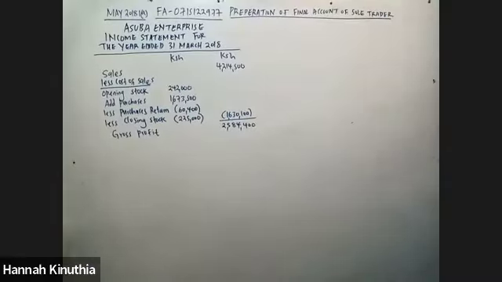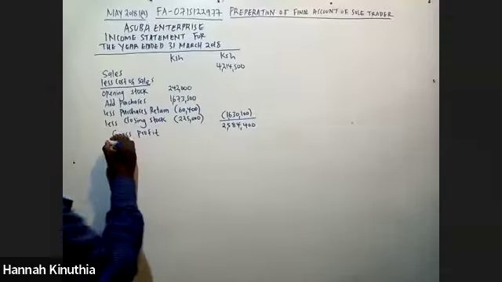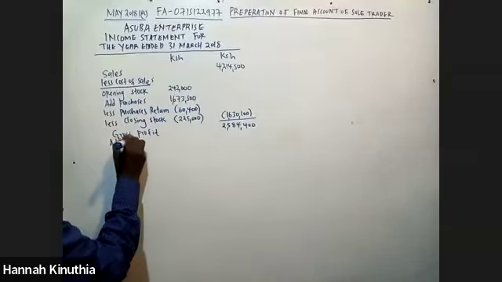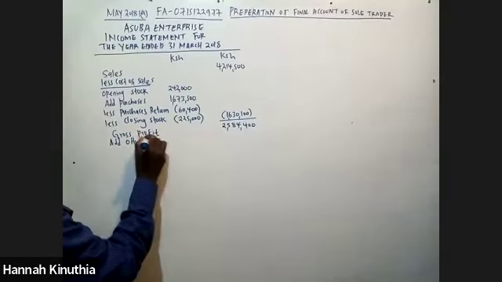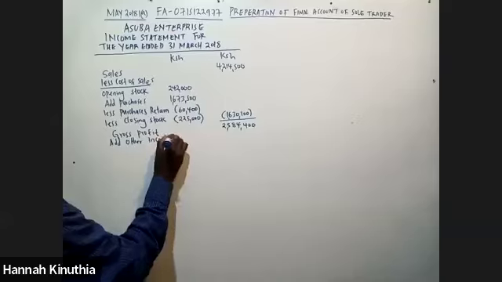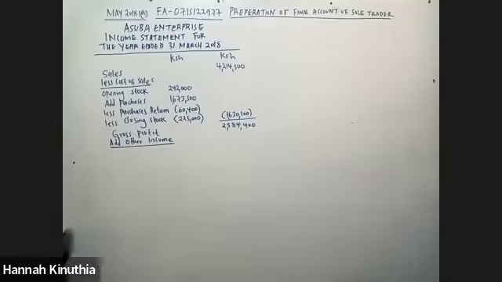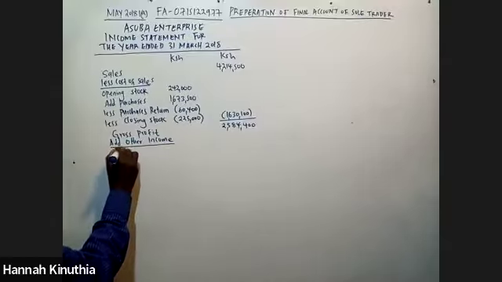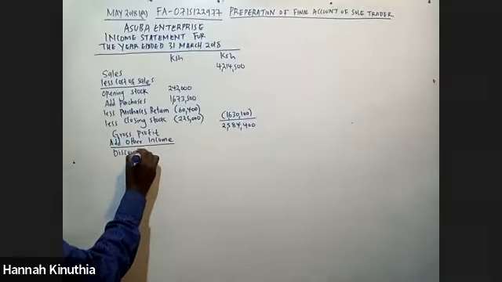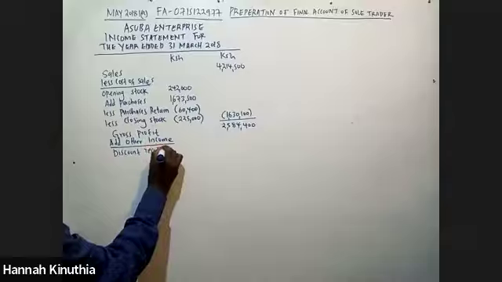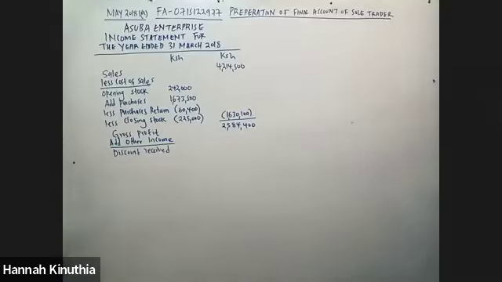Do you have any income? So we add other income. The only income you see in the question, if you go to our balance at the top, we have discount received. I think that's the only income we have.